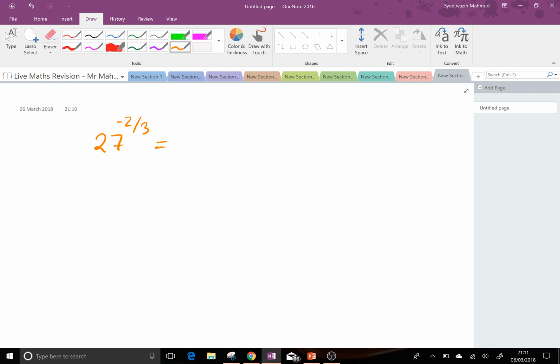And because it's 2 over 3, when we had 1 over 3 in the power, you always cube root. Okay, just before we have a go at this question, let's have a go at this question here.